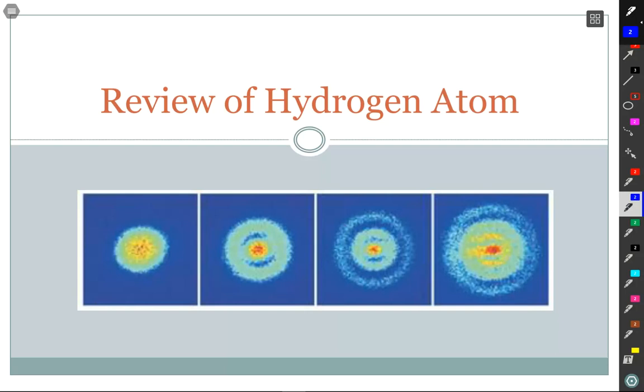And these are experimental pictures of electron density. I think it was for the hydrogen atom. So that they can actually image the electron densities and see that they do. This is, I believe, a 1s. Oh, blue on blue. That's the perfect color combination.